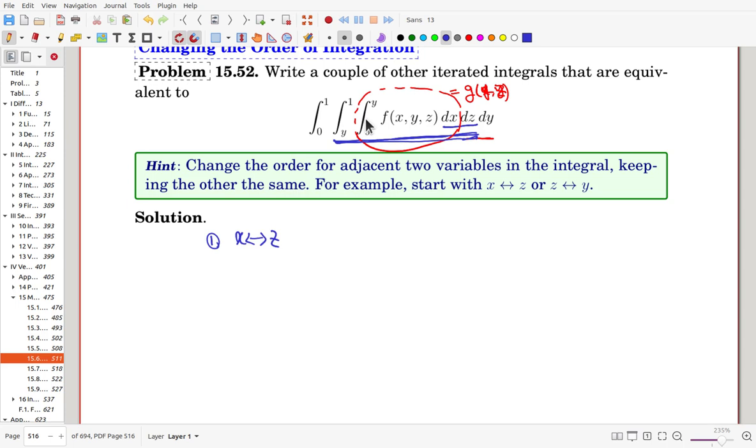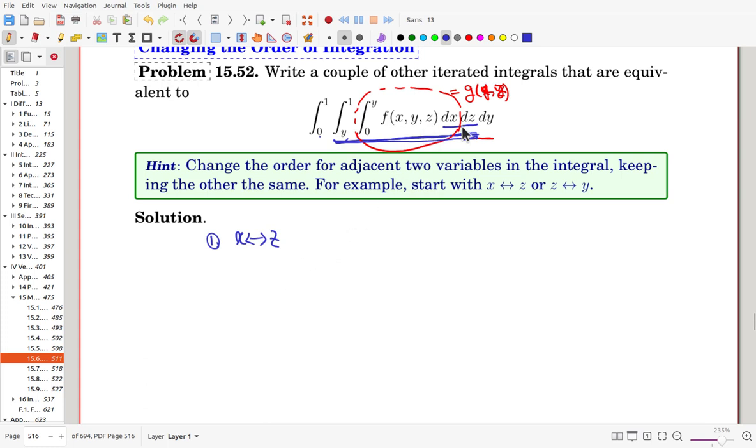But let's try to visualize. Once it is a rectangle, then from Fubini's theorem we can change the order quite easily, right? y is some number between 0 and 1, because in dy, y is from 0 to 1, so y is fixed between 0 and 1.